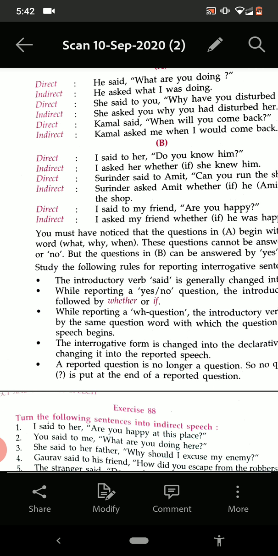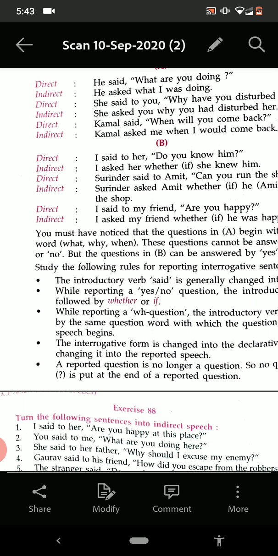If only said was there, the answer was said only. But now said will be changed into asked because a question is there. Then while reporting a yes-no question, the introductory verb is followed by whether or if. You can write whether also, you can write if also, both are correct.